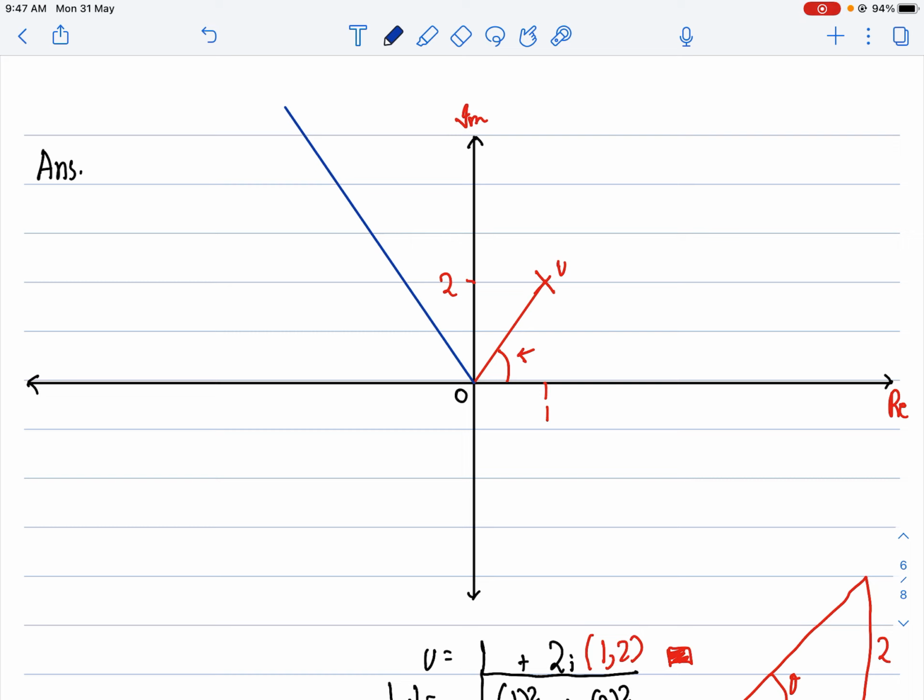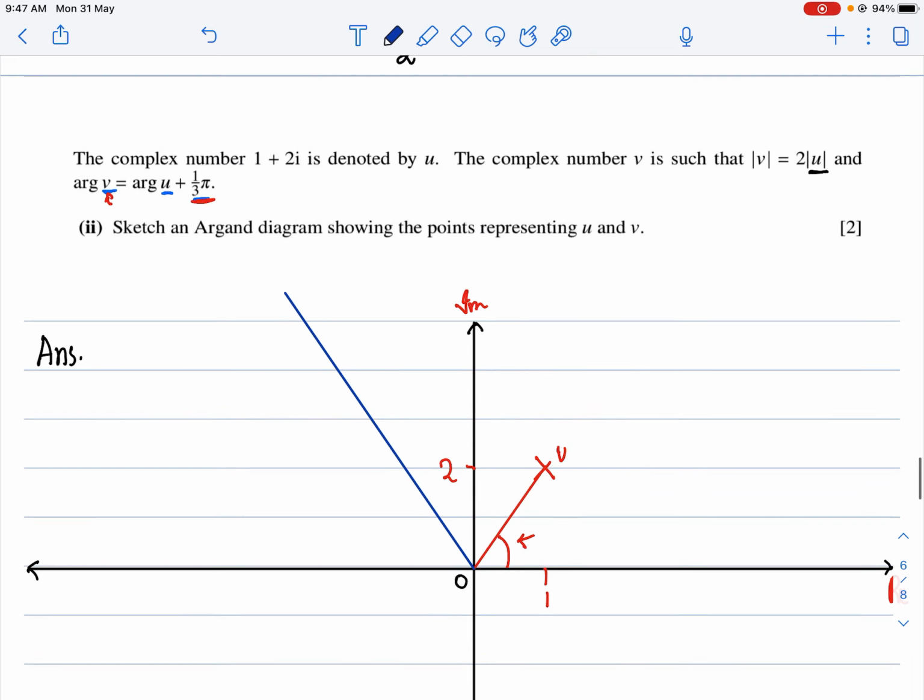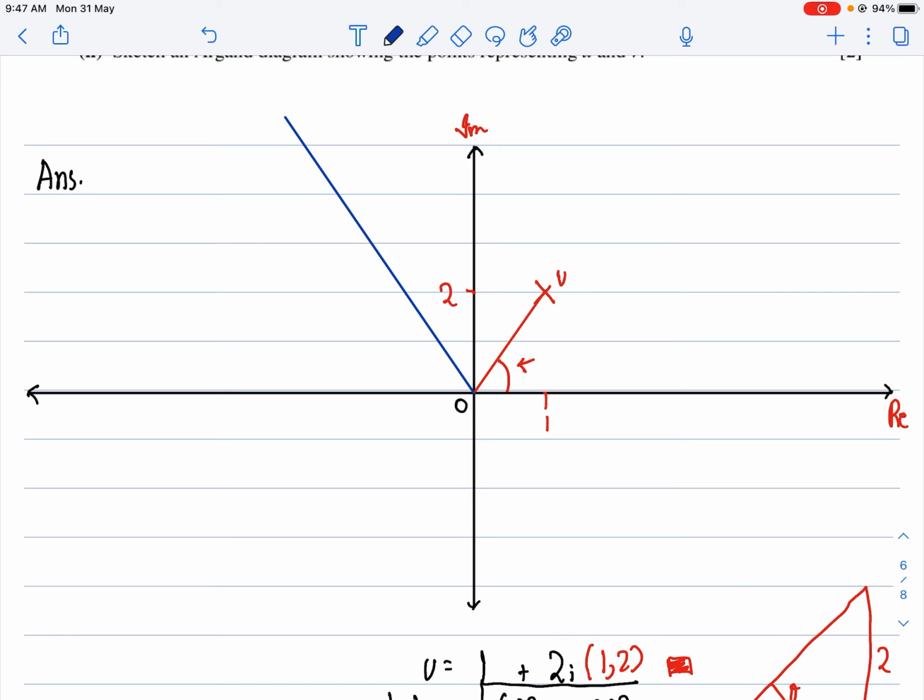And if I know the modulus of u was root 5, we know the modulus of v, or the distance of v, is 2 root 5, correct? So I can simply say the blue line will be double the length of the u line. So I can simply say this is v.